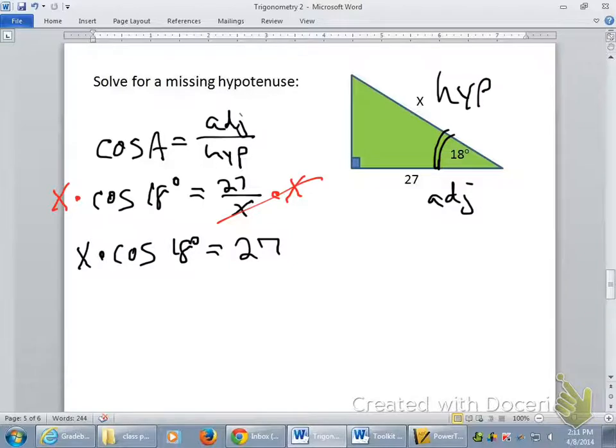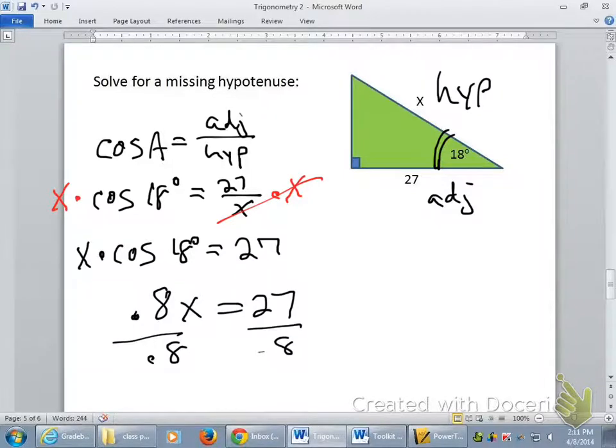Now remember, cosine of 18, I can look that up in my chart, or I can press cosine 18 on my calculator. That's just a decimal. 0.8 something something, right? How would you get rid of this if I told you it was 0.8x equals 27? Wouldn't you divide by 0.8? So we're going to do the same thing.